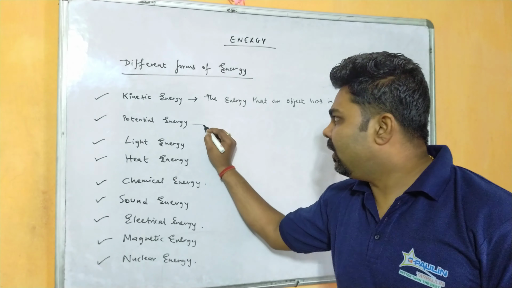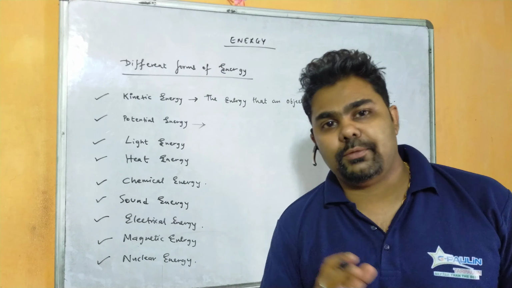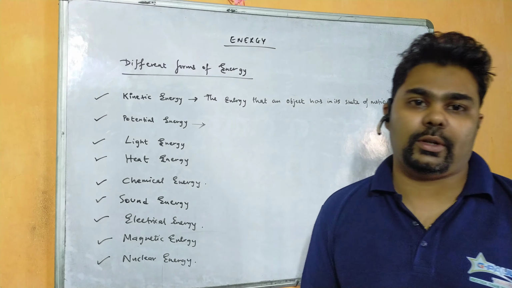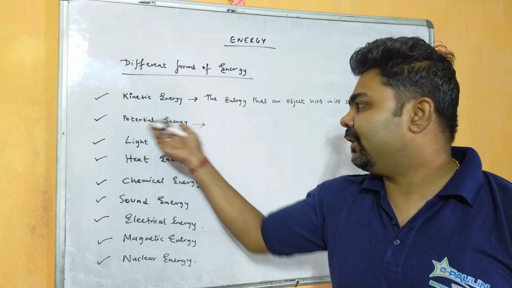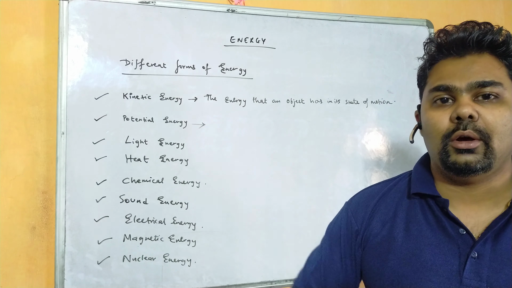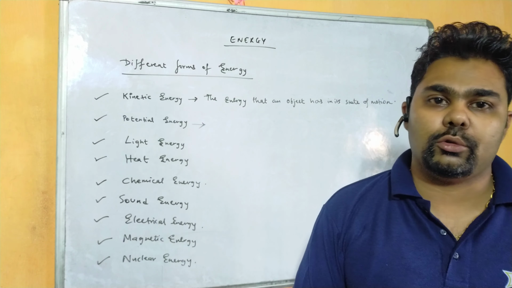Okay, similarly, potential energy. Potential energy is another form of energy, which depends upon position. From the name itself you see, potential. Potential means if the height or the position of an object is maximum, then the energy possessed by that object is also maximum.